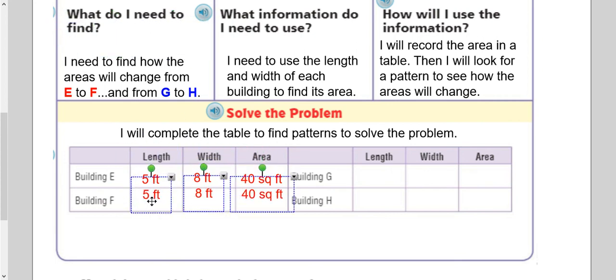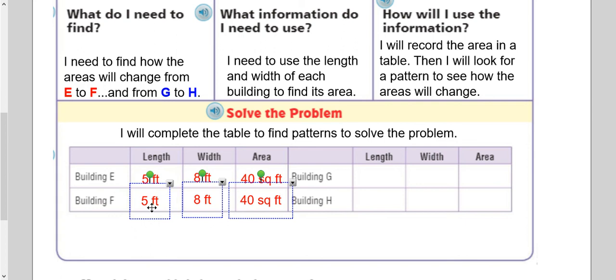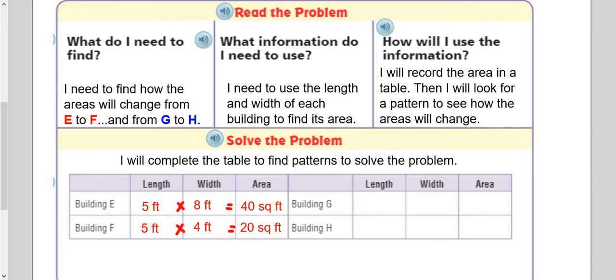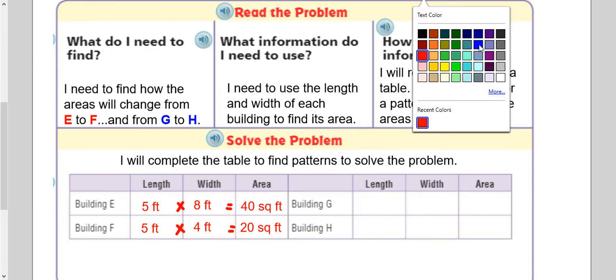So the 5 foot stayed the same, but we went to a 4, which is going to take us to 20, because 5 times 4 is 20. And then right here, 5 times 8 equals 40. All right, well, let's progress to the next buildings here and see what we can figure out from there.